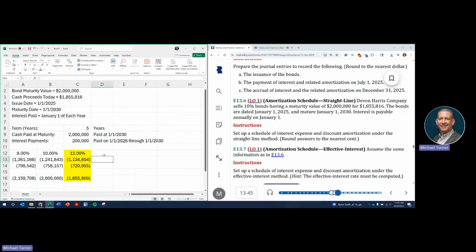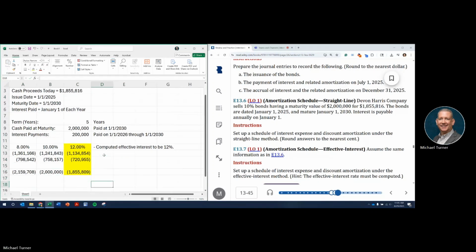It says, set up a schedule of interest expense and discount amortization under the effective interest method. Hint, the effective interest rate must be computed. So we computed the effective interest to be 12%. That's what we did in the shaded areas in yellow. So now let's set up our schedule of discount amortization.